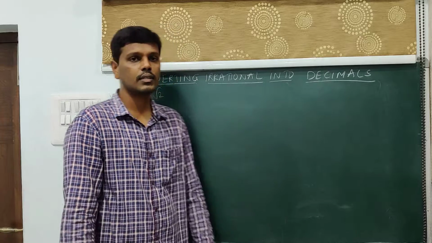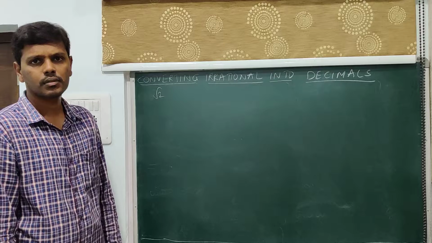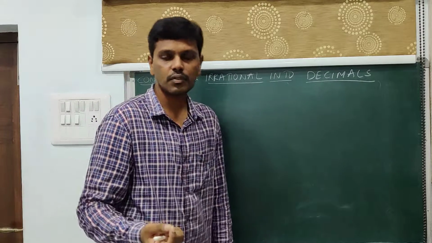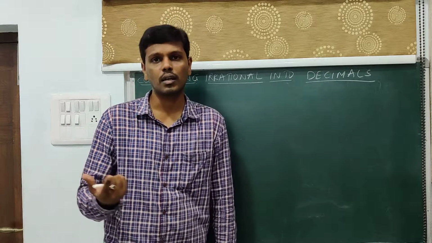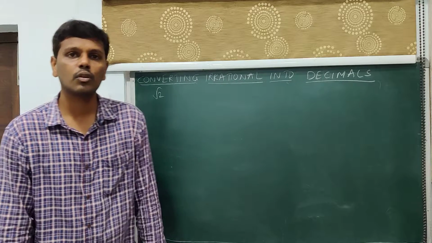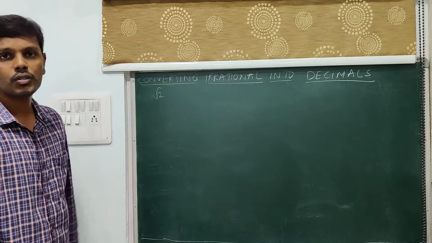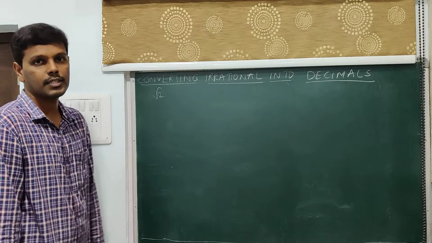Since it keeps going, there is no end process. That is the reason there is a mention of the number of decimal places. So, here my aim is to find the decimal expansion of this irrational number up to 3 decimal places.